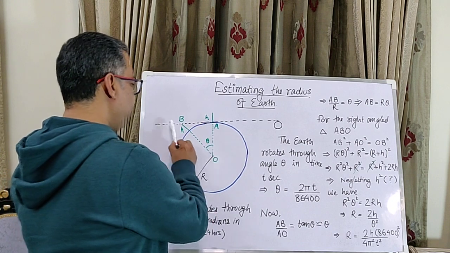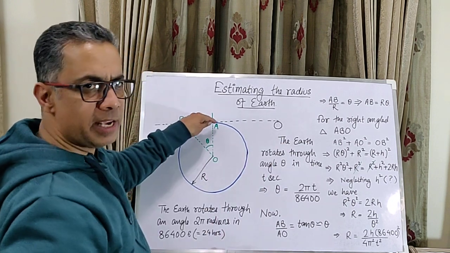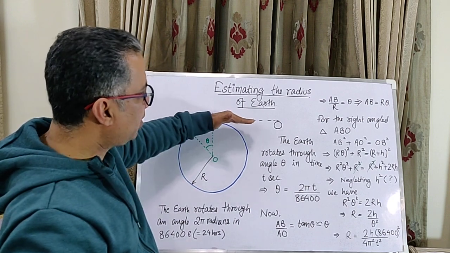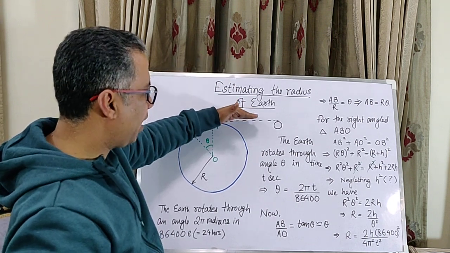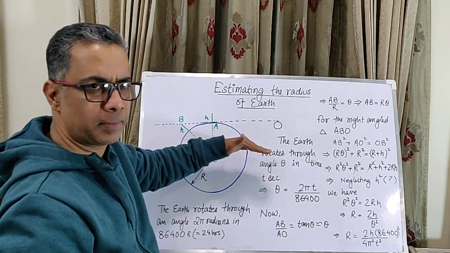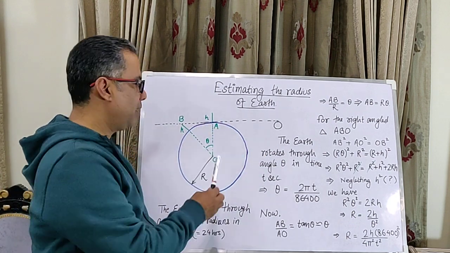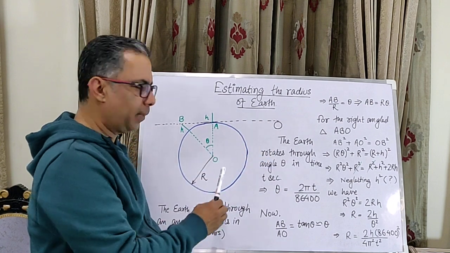Now if I draw this tangent on the surface of the Earth, when we lie on the ground at this point, we can see everything above this tangent plane and nothing below it. The moment the sun sets, it has actually gone below this tangent plane.